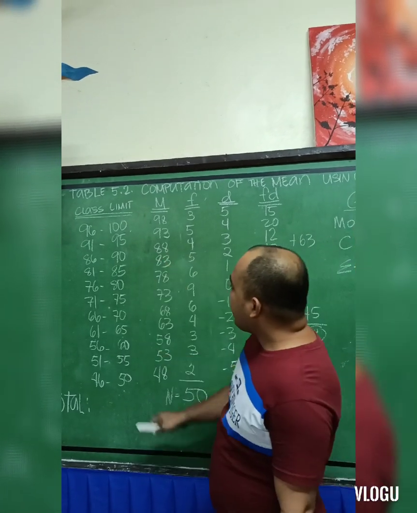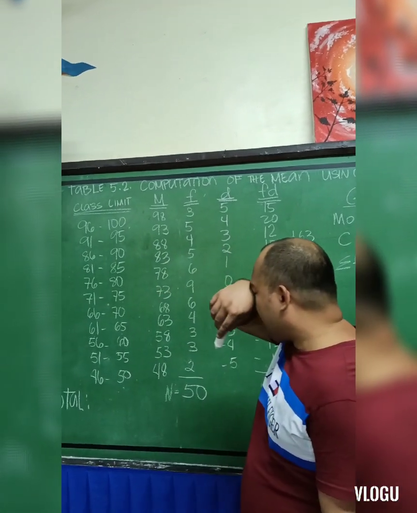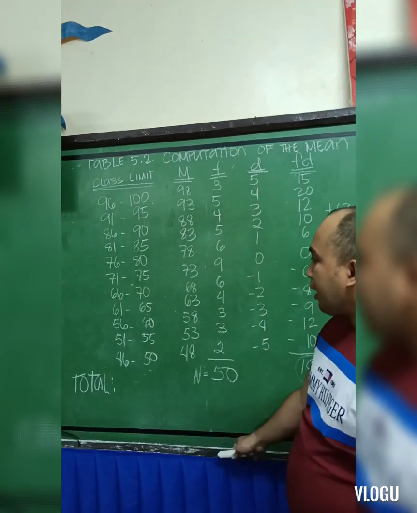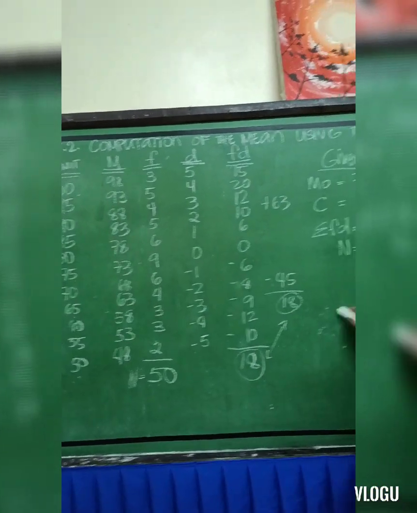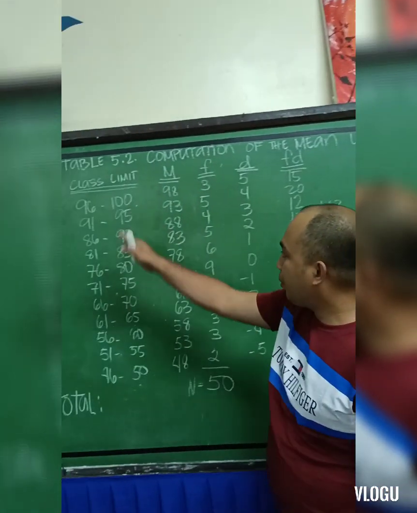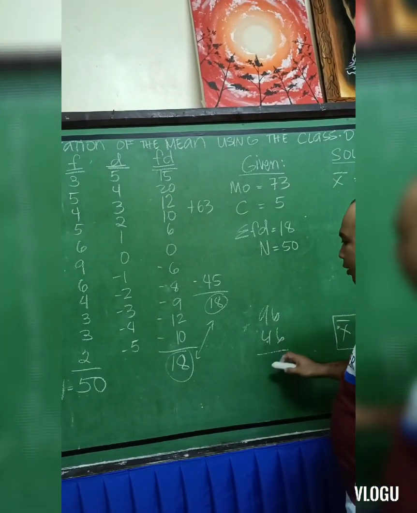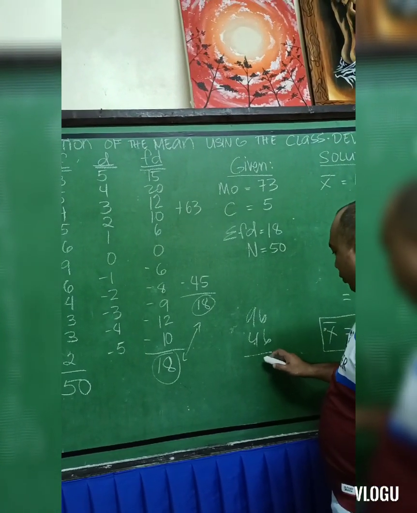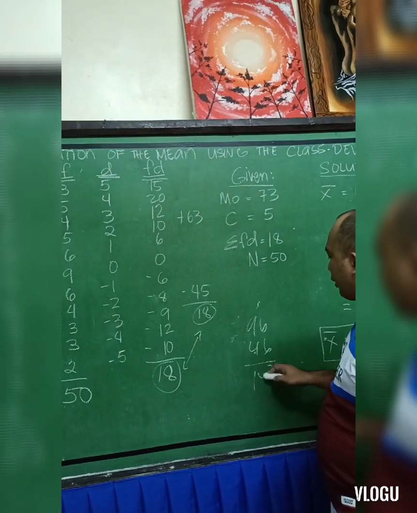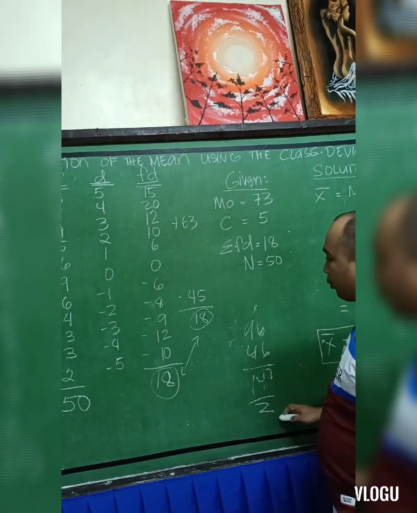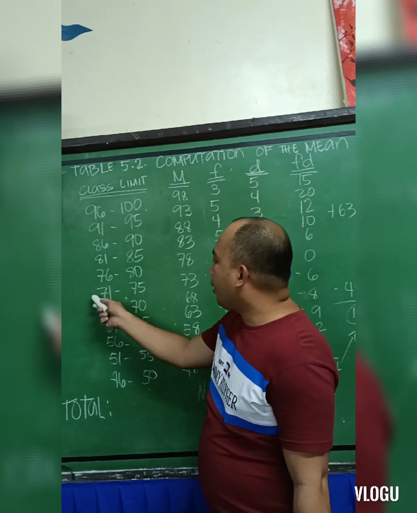So what is the center of the class limit? To get the center of the class limit, you simply add 96 plus 46, which is equal to 142, divided by 2 is 71.